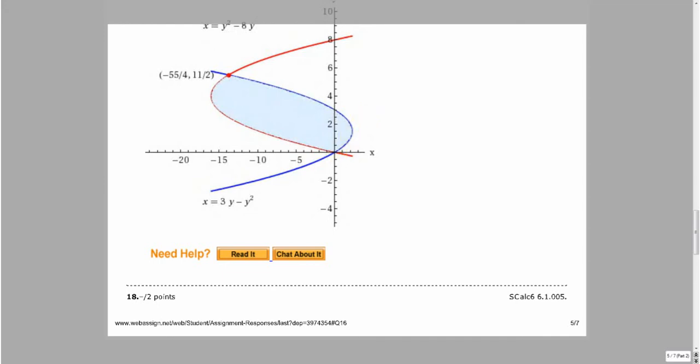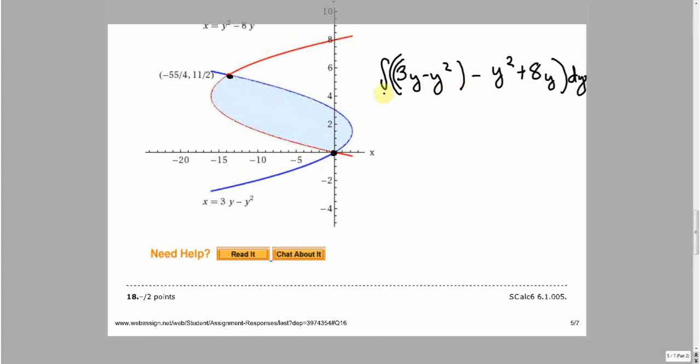But it's easier if you do it with respect to y, because look, if you turn your head 90 degrees to the right, then the blue curve is always on top, and the red curve is always on the bottom, so you can set up that. The blue curve seems to be 3y minus y squared, so that's the top curve. And we can take away the bottom curve, which is y squared minus 8y, and remember it's quantity minus, so this becomes plus, and you have a dy.